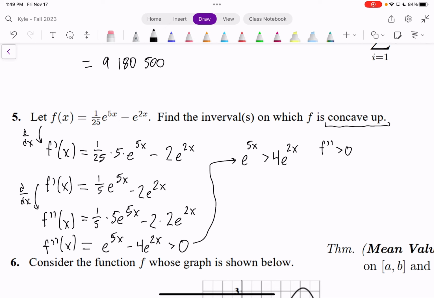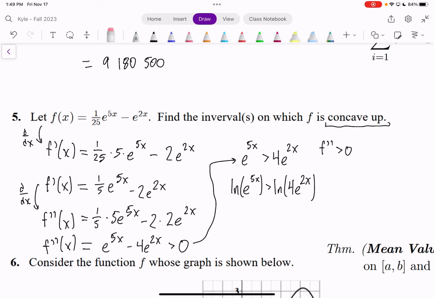From here, what we can do is take the ln of both sides. So we'll say ln of e to the 5x is going to be bigger than the ln of 4e to the 2x.